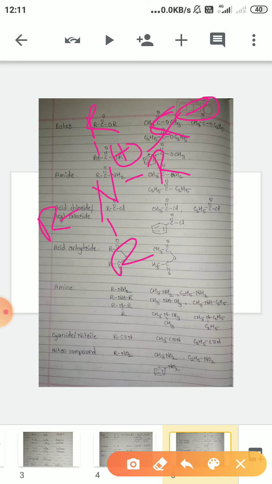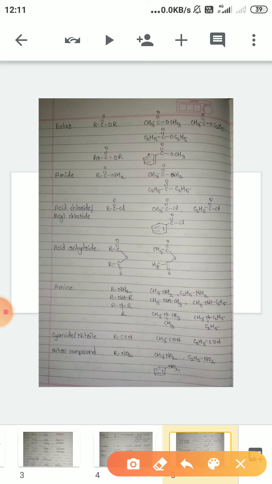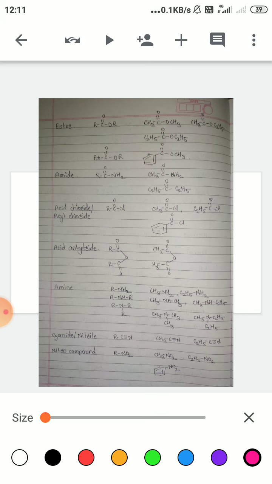Now the next functional group is cyanides, also called nitriles, and the functional group is C triple bond N. So we can define hydrocarbons containing C triple bond N as alkyl cyanides or nitriles. For example, methyl cyanide CH3 C triple bond N, and ethyl cyanide C2H5 C triple bond N.